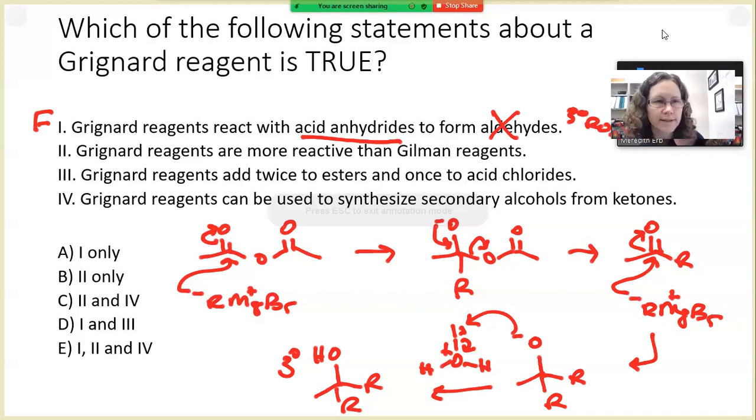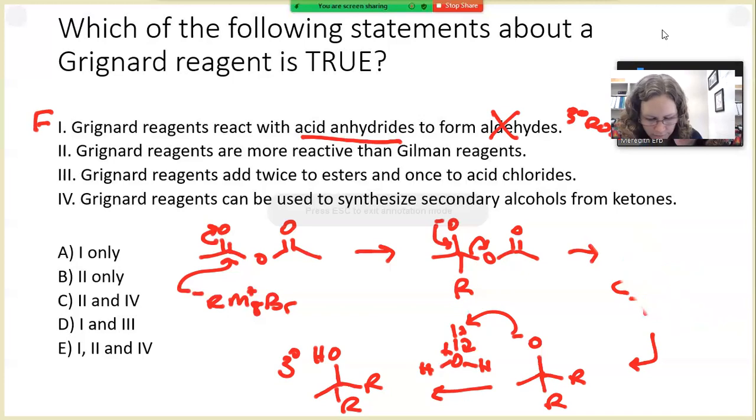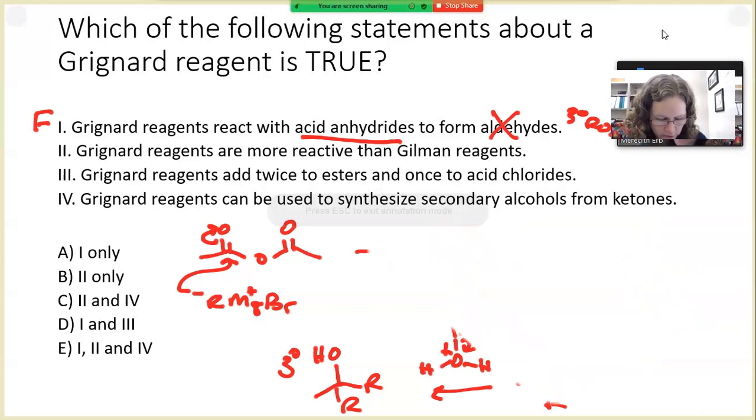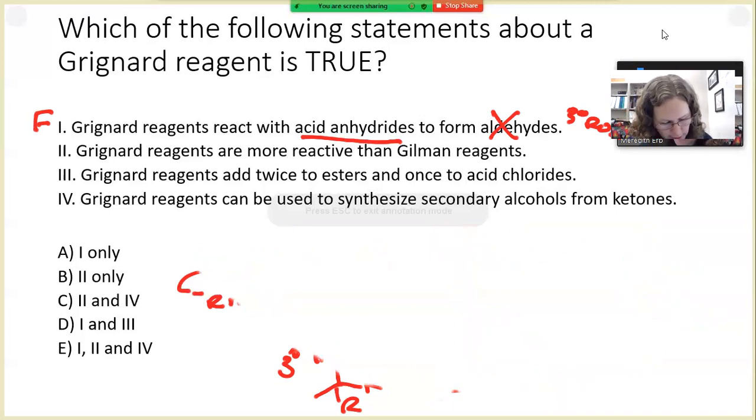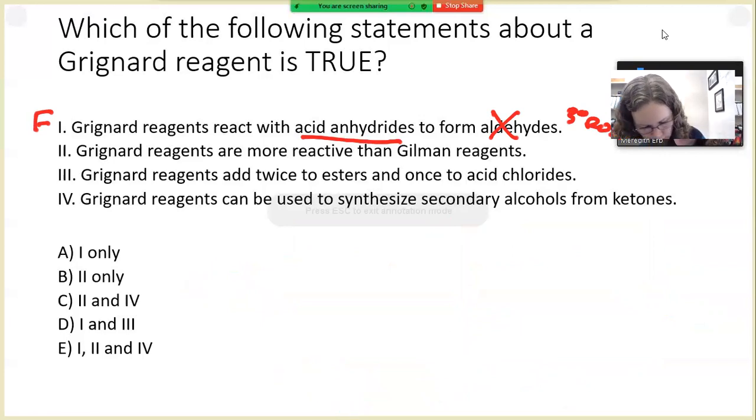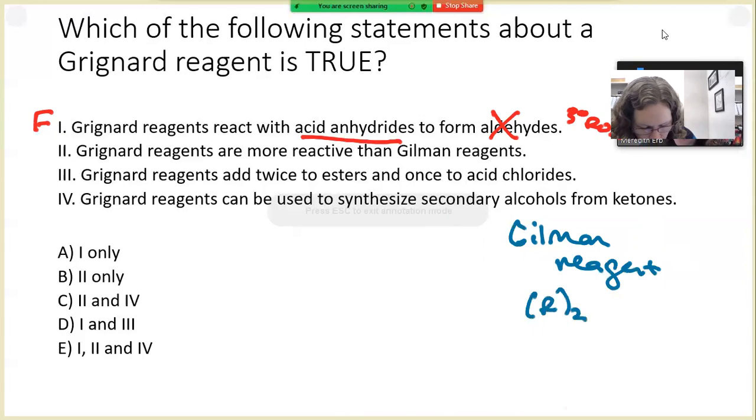All right, let's take a look at our second example. I'm going to erase the mechanism here so we can think about the second answer choice. And it says Grignard reagents are more reactive than Gilman reagents. So you have to remember what a Gilman reagent is. The Gilman reagent is basically an organocopper compound where you're going to have some kind of an R group with your copper here and then some kind of counter ion.